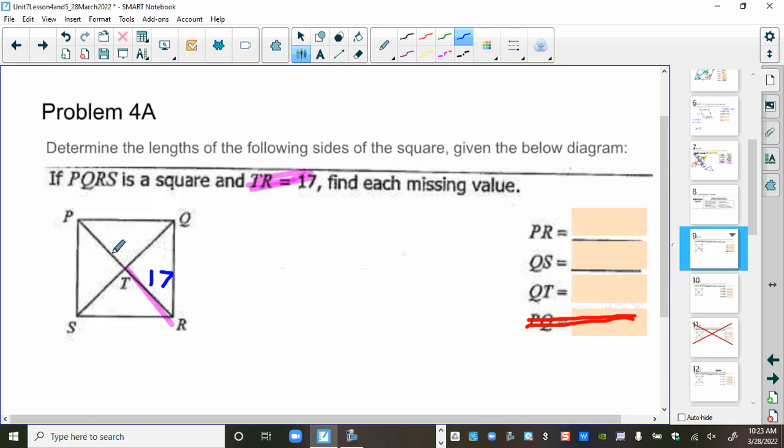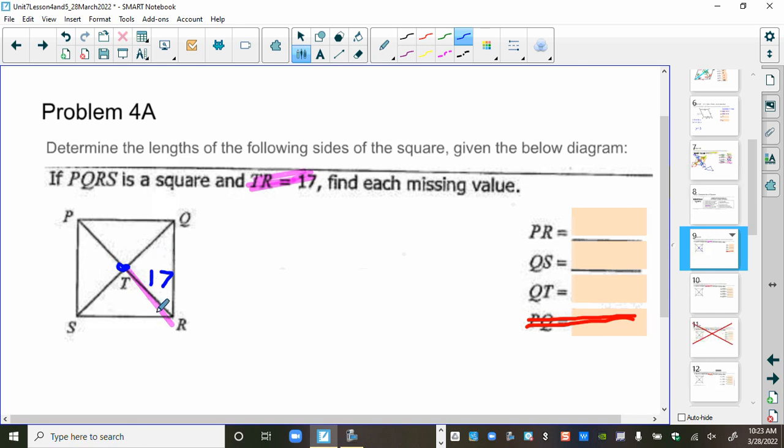Now, do we have enough information to also get the others? Because if this part's 17, then what must each of these other parts also be? Like the ones inside. 34 is going to be the total.